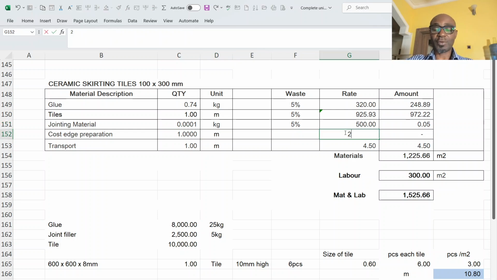Let's say they are going to take 200 per linear meter to dull the edge and make it smooth so that it will not be sharp, that it could injure the skin or any other thing. So this is how you build up your unit rate for skirting.